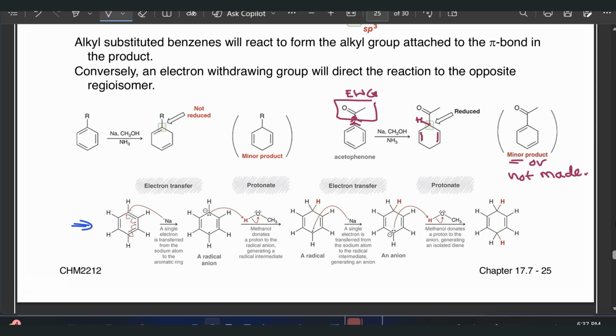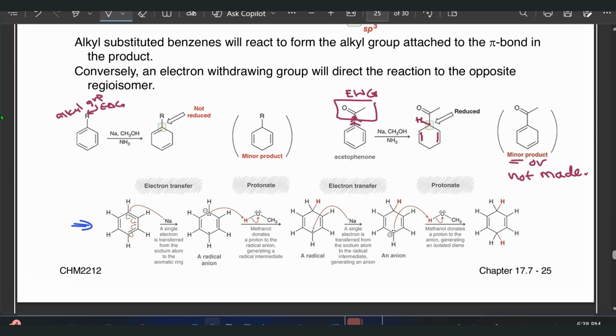Why does the one on the left say not, like, why is that one not reduced? Or is it because it's the electron donating group on it? You're assuming that you have an alkyl group, like a methyl group.